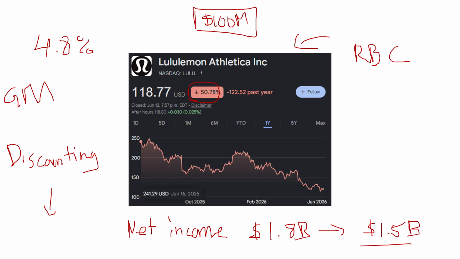So this loan that we gave, let's say 100 million, versus their net income, although it went from 1.8 billion to 1.5 billion this year, are we concerned that they're not going to be able to make their principal and interest payments? Probably not, right? Probably not.